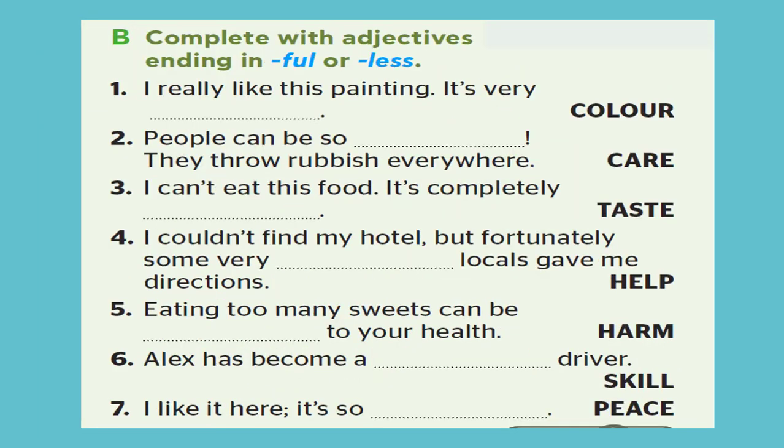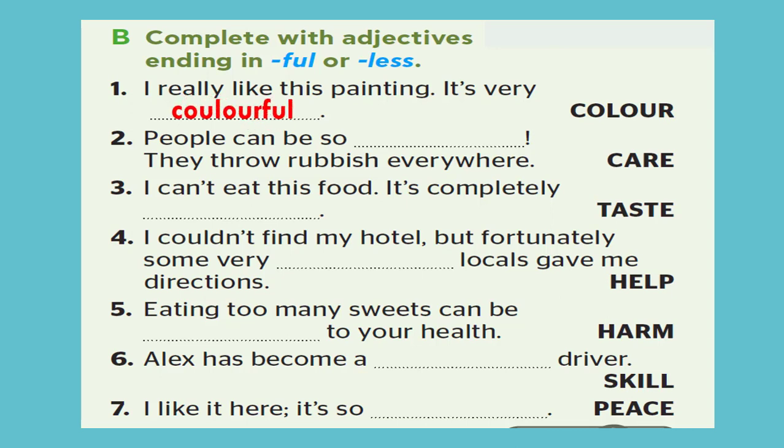Now let's move to exercise B. Complete with the adjectives ending in full or less. Number 1, I really like this painting. It's very colorful, and we have the word color. The answer is colorful.